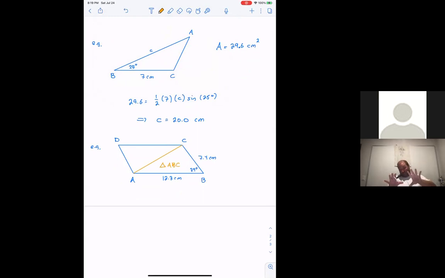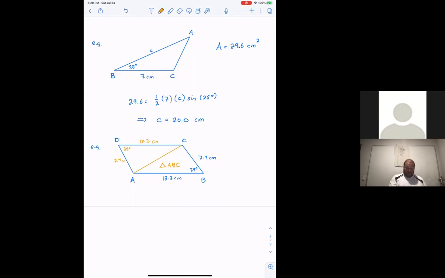You can even look at the picture and kind of see that the other half of the parallelogram is congruent. It's a perfect flipped copy. And even if you don't see that, hopefully you know about parallelograms, that opposite sides are congruent and opposite angles are congruent, which means this one's also 7.4 centimeters. This one's also 12.3 centimeters. This one's also 39 degrees.